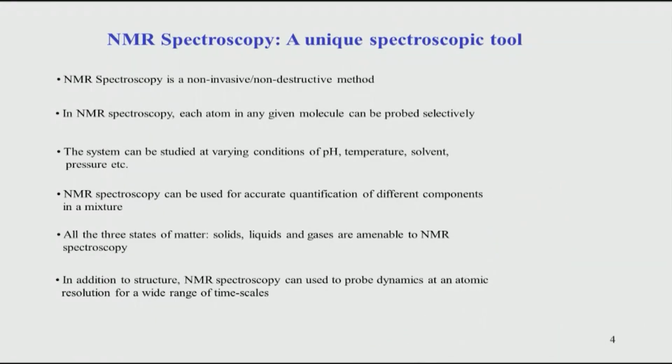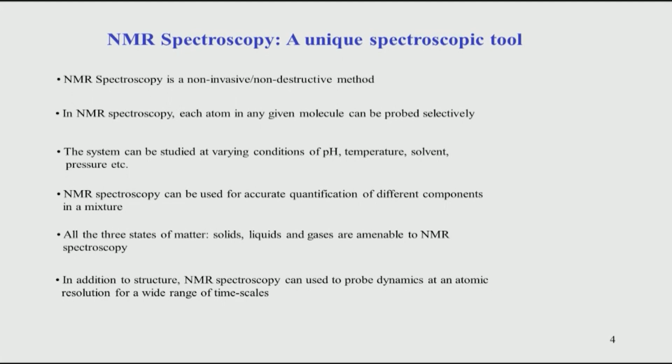NMR can also be used for studying dynamics, and this is a very nice feature, because in other methods such as X-ray crystallography, you look at the sample in a solid, crystal form, and therefore you have frozen the sample in time and can get only structural information. But in NMR, you are looking at the sample in solution form, where the sample is in its native state and has all the properties you would expect in a real scenario.